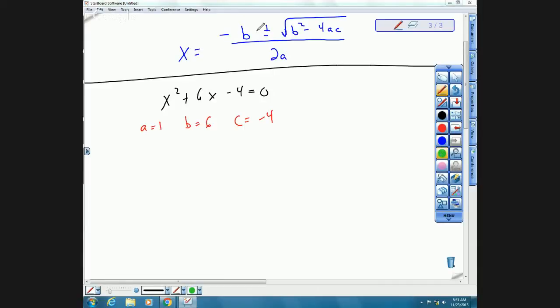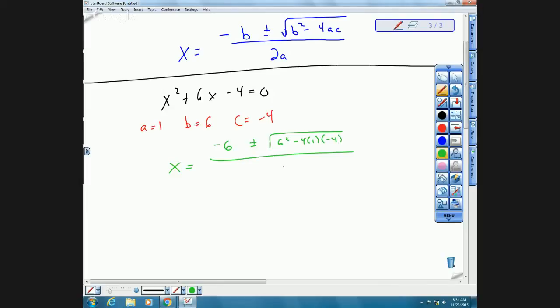So now plugging it into this formula right here up top, the opposite of b means that if this is positive b, I'm going to make it negative. So the opposite of b, plus or minus the square root of b squared minus 4 times a times c, all over 2 times a. Now, like I said, you've got all these numbers in, so this is just a big order of operations simplifying problem right now.